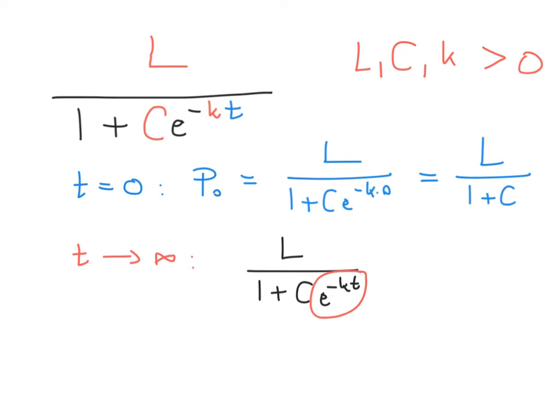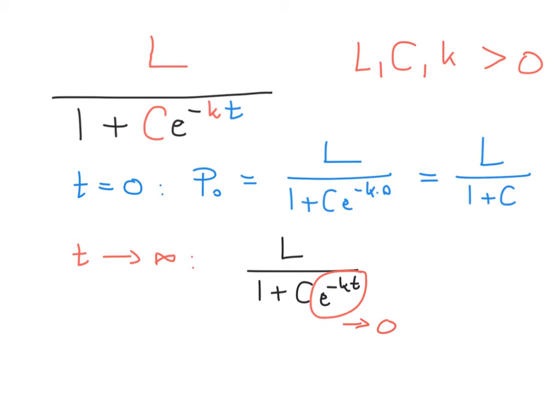If it's not equal to 1 but positive, it doesn't change the idea. So as t gets larger and larger, e to the minus t gets smaller and smaller. In fact, it goes to 0 as t goes to infinity.